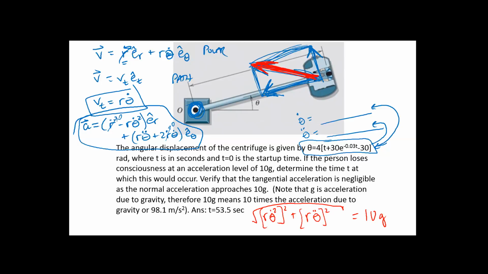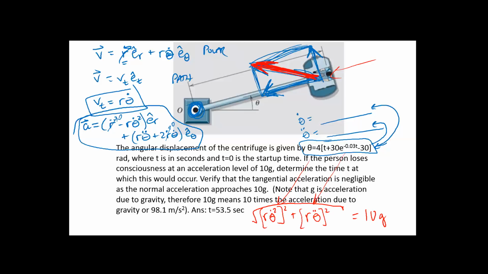Okay. And then at the end of this problem, it says to verify that the tangential acceleration is negligible. The equation you wrote at the bottom would be to find the time, because each of these is going to have some sort of time term in there. So what do you think this vector up here would look like if the tangential term is pretty negligible?